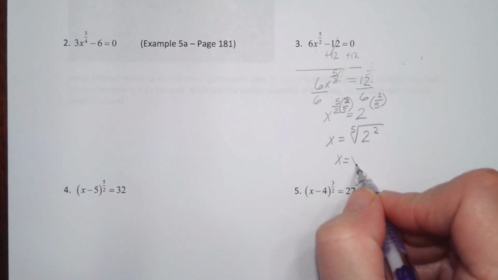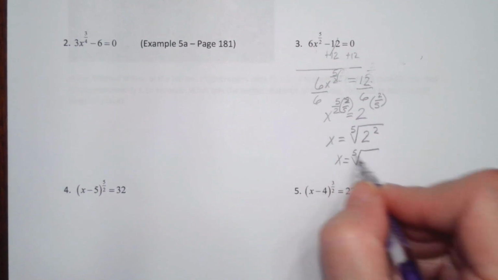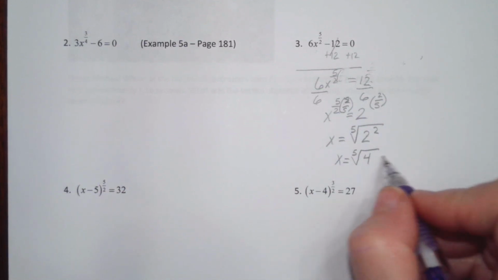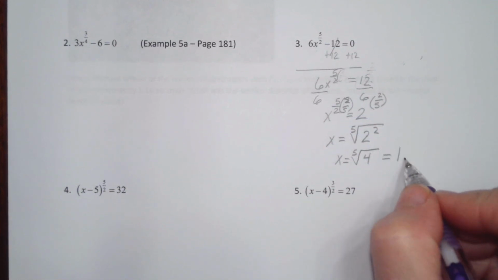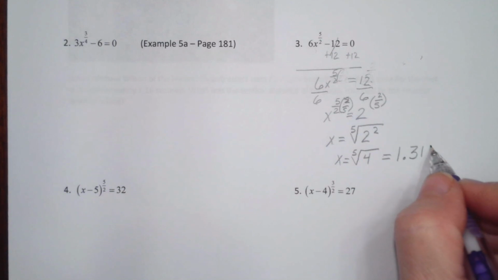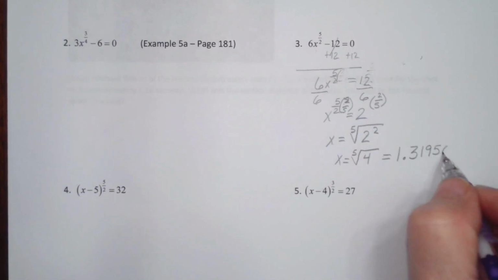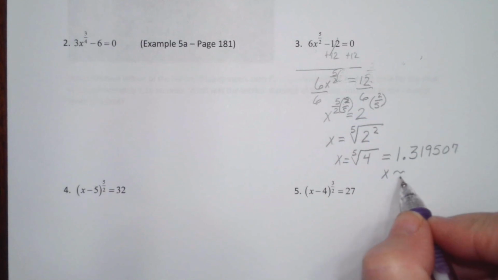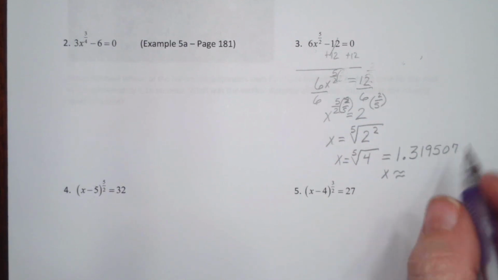So x is equal to the 5th root of 4. Well, I don't know, that's going to be a decimal, so this is where you can leave it like this, but since we have calculators, we can put it in the calculator, and we would get 1.3195507.